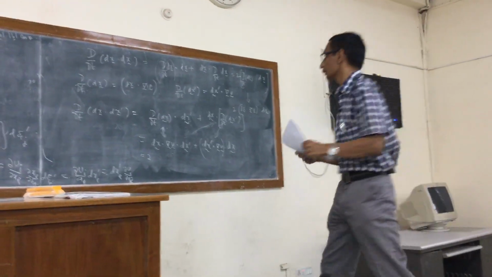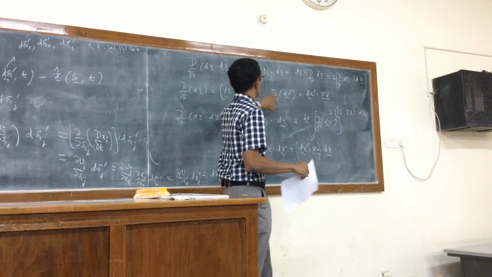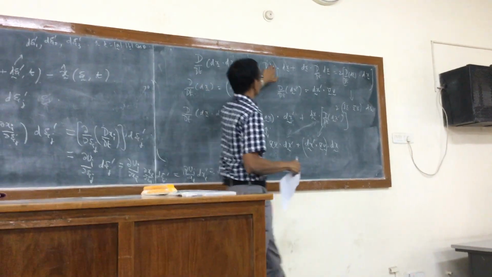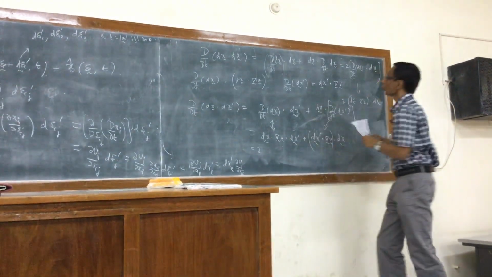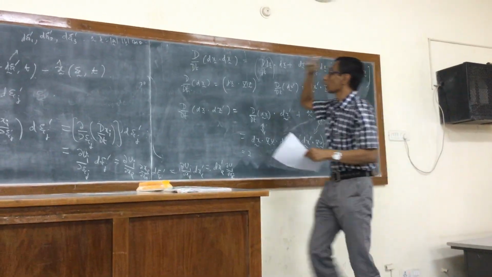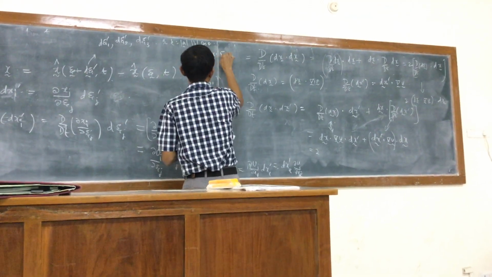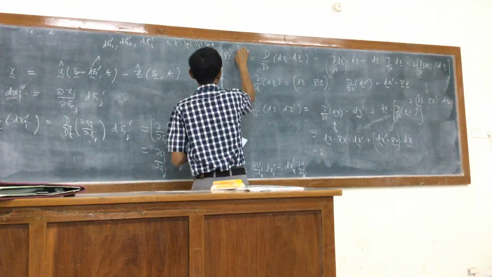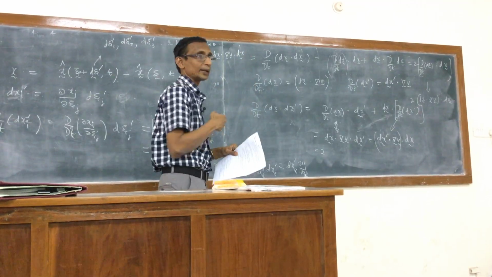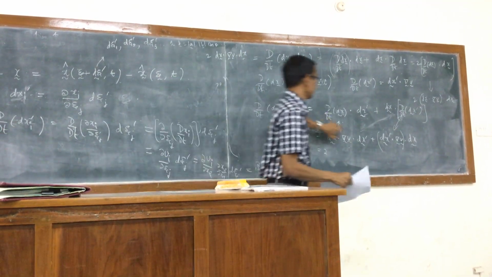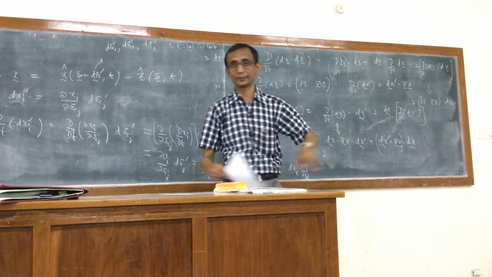So I wrote this as dx dotted with this one. Here, the only difference is that because dx and dx prime are different, I get two terms looking like this.